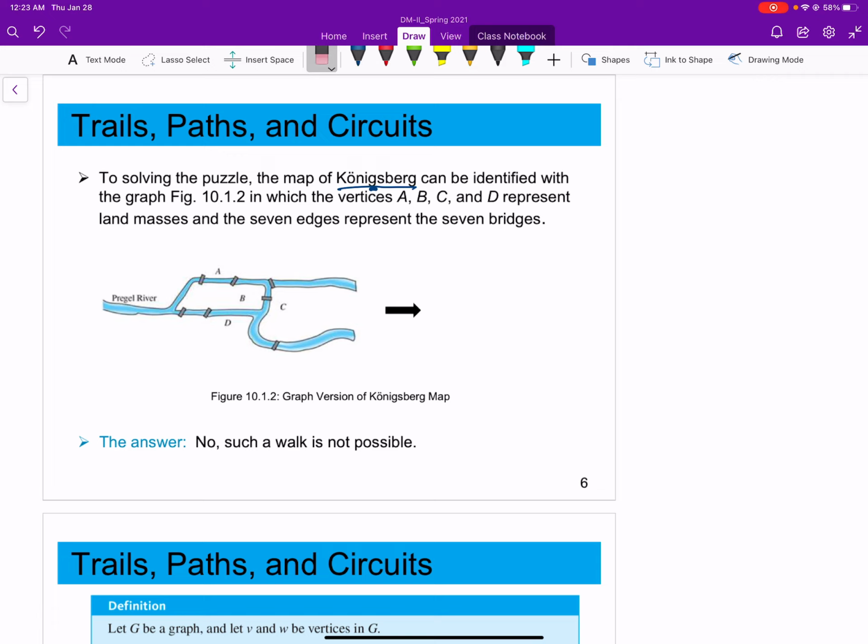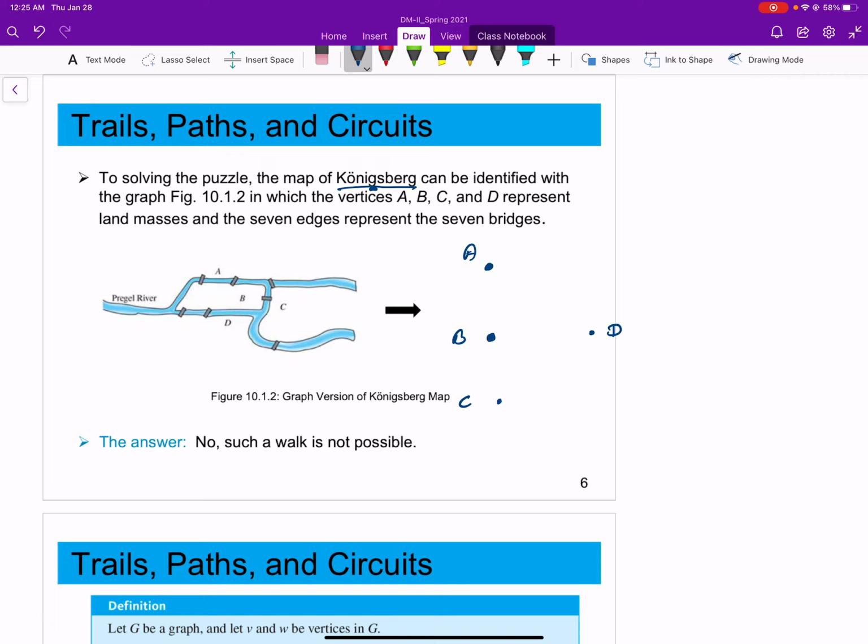Let me mark these land masses as vertices. So I have vertex A here, the landmass A is marked with a vertex, and landmass B and landmass C, and finally landmass D. Okay, there are 4 land masses.